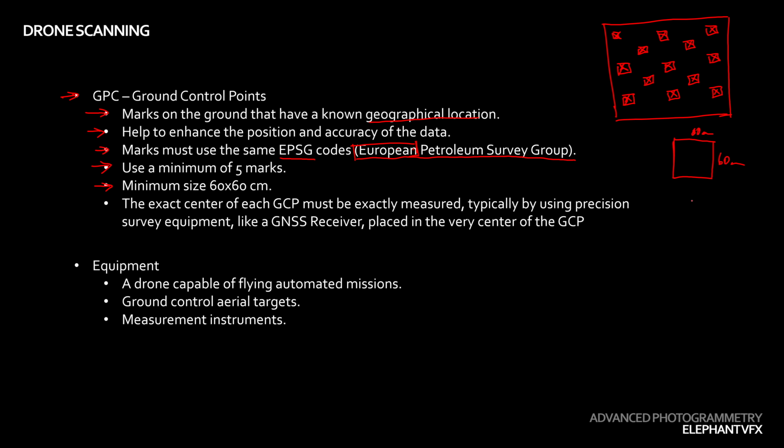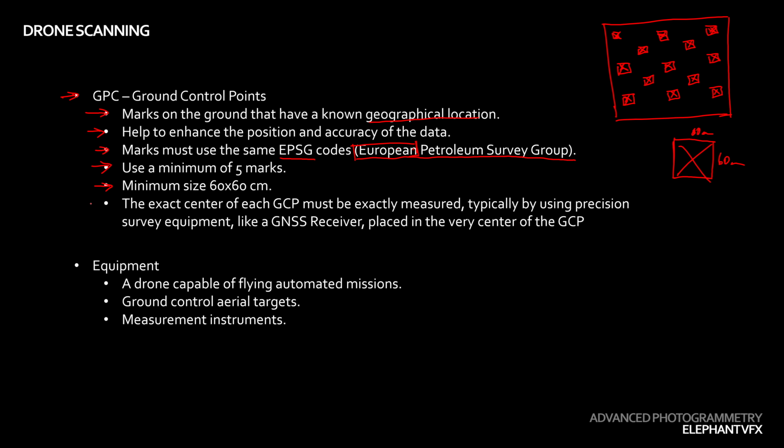And the reason being is that, the drone, we need 2 things here. One, we need to measure each of these marks, as I told you before, with surveying systems. But we also need the drone to look at this, to be able to see this. So if you have a drone flying, like 200 meters high, of course you need to be able to see this X here. So the bigger the mark, the better for the drone.